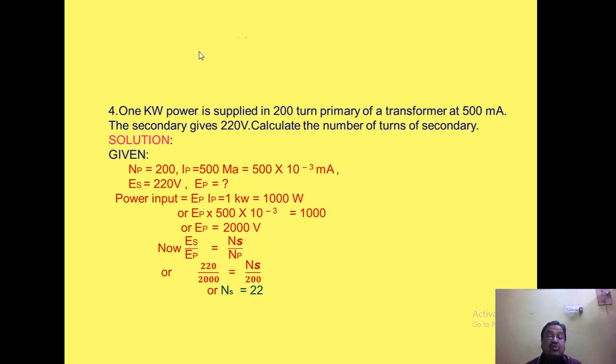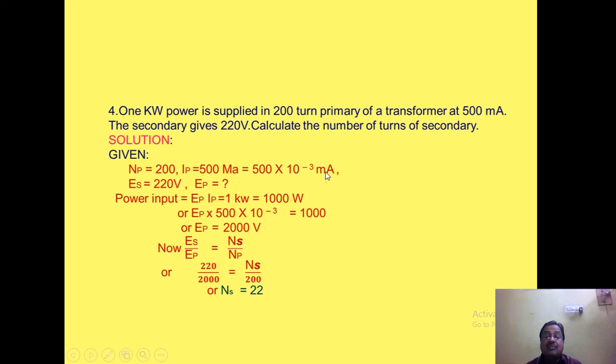Okay, so how to solve it? Given quantities are number of turns of primary NP equal to 200, and the current flowing through the primary IP equal to 500 milliampere. It should be small m, capital A. There is an error like this. This one is correct, so this is 500 into 10 to the power minus 3 ampere.